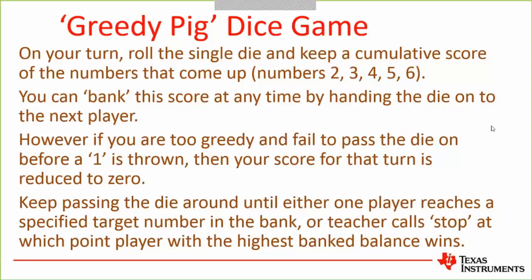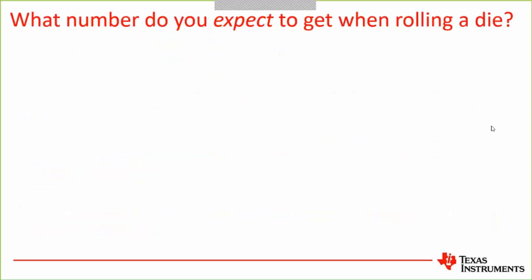Okay. And why not in a Year 11 class play it a little bit, just to remember, okay, what are we going to get? What do we expect to get when we roll a die? Well, this is the idea.